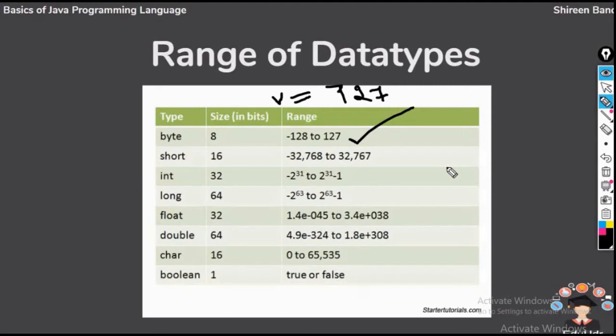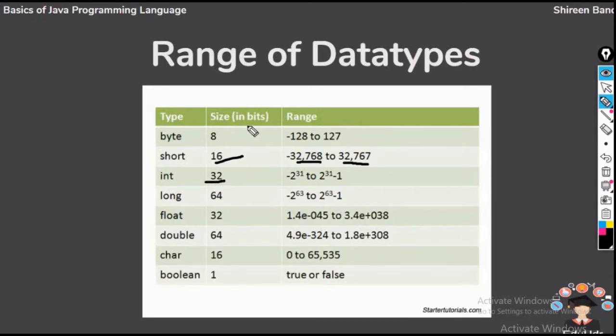Similarly, we have many different data types, and there are specific ranges. For example, short, which is of size 16 bits, can store numbers in the range between minus 32,768 to 32,767, and int is of size 32 bits.